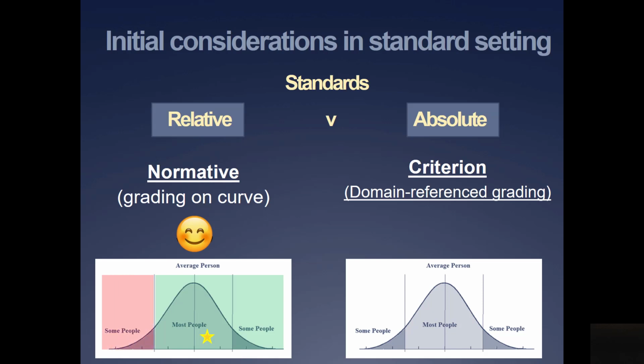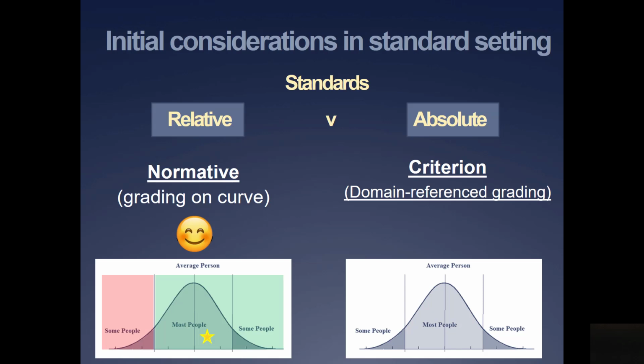This has been commonly used in education and medical education alike. The pros are that faculty and learners are comfortable; they're used to this. The cons are that the pass-fail decision is learner-dependent, clearly, because it's based on the whole cohort. So if everyone is performing poorly, you might ignore underperformers.